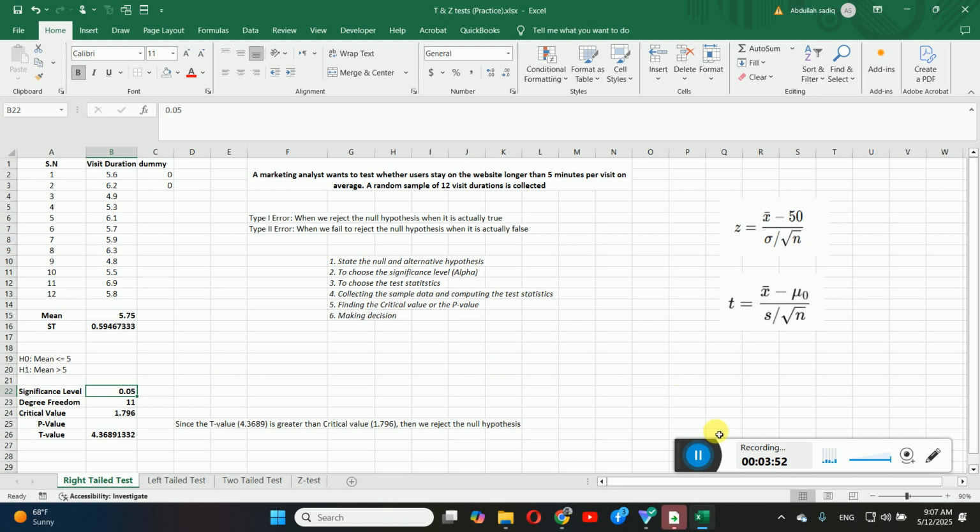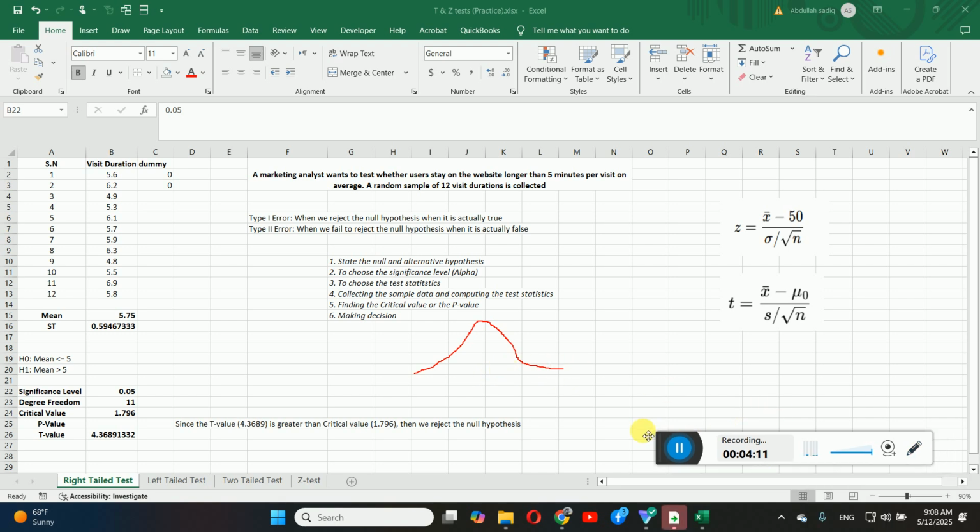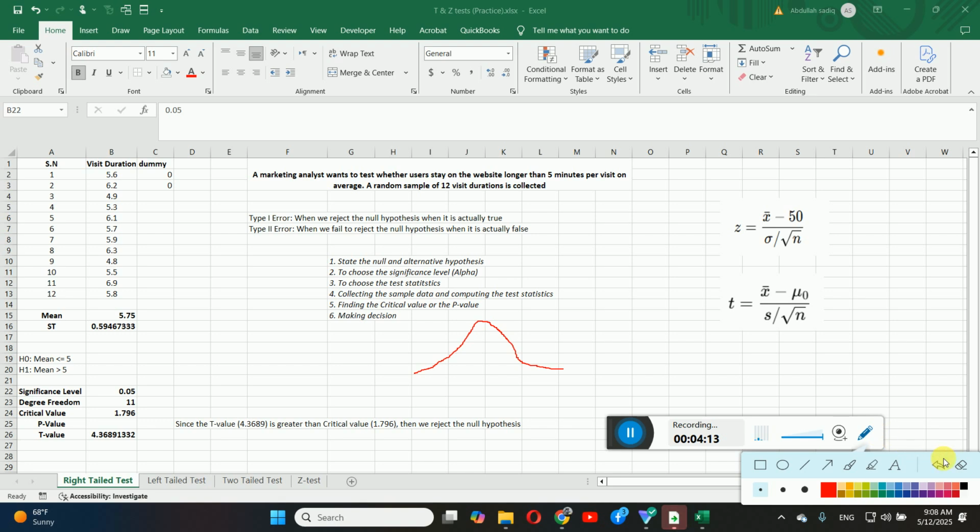Let me give you this example through a graph. For example, we have the normal distribution graph here. I'm sorry if it does not look nice. Okay, once more.